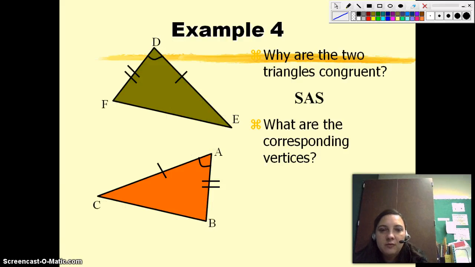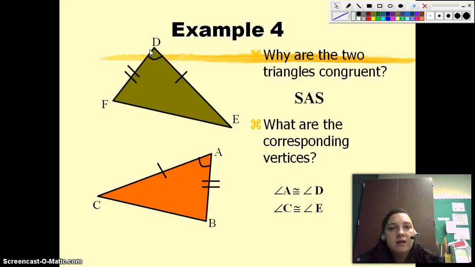Corresponding means they're in the same location. So if I start with angle A, it's marked. So angle D is marked. Those are corresponding. They're the same angles in each triangle. Then I have C and E. So C is across my marked 2 side.